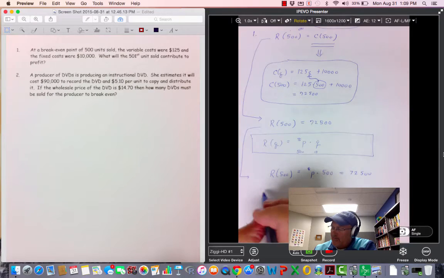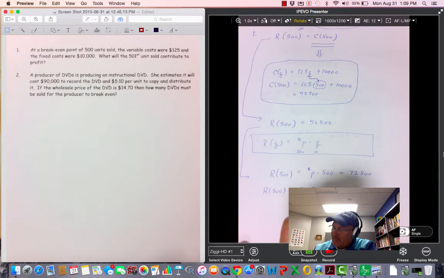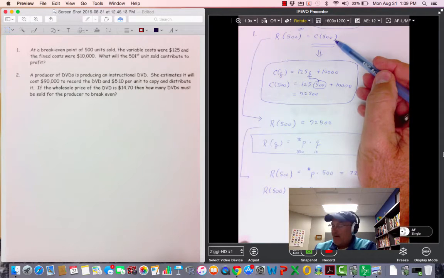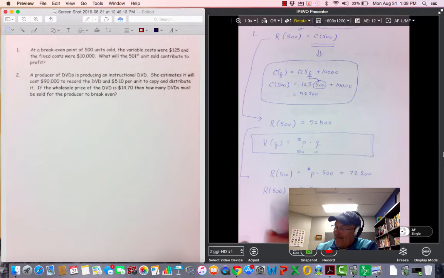So I know, therefore, that R of 500 has to be 72,500 because, again, of the conditions of the problem. So the only way that can happen is to find the price at which that makes a true statement.